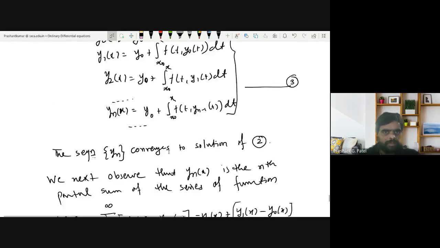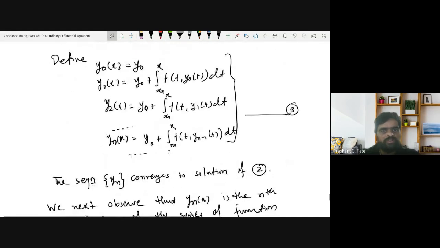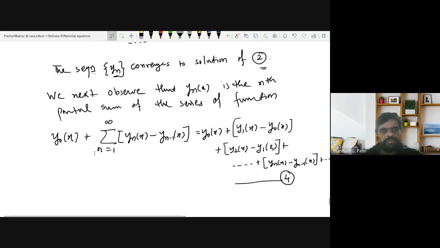That means ultimately what I have to prove is that this y_n converges to the solution of 2. If I want to prove that this sequence y_n is convergent, it is equivalent to prove that this series is convergent, because this series has the partial sum y_n.